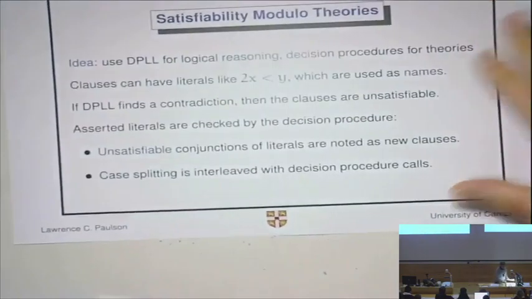That is, somehow make a connection between decision procedures and DPLL. And they came up with a general way that you can connect basically any well-behaved decision procedure for almost anything with DPLL, and what that gives you.